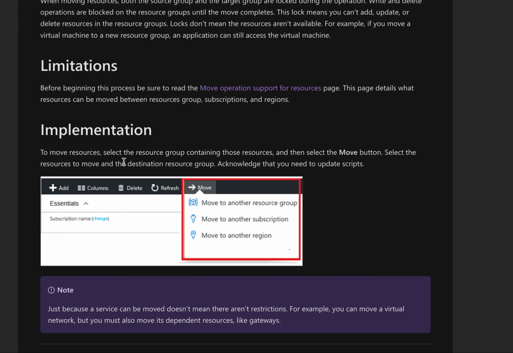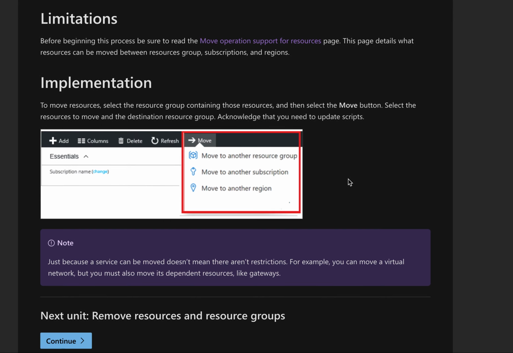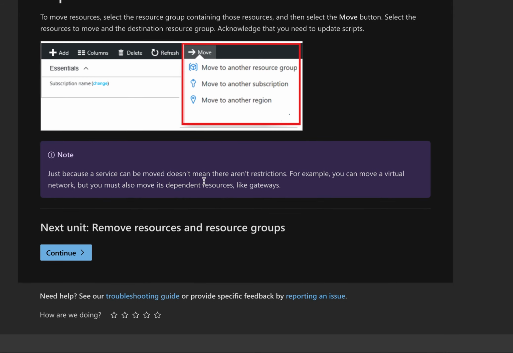Implementation. To move resources, select the resource group containing those resources and then select the move button. Select the resources to move and the destination resource group. Note that you need to update the scripts. Just because the service can be moved doesn't mean there aren't restrictions.